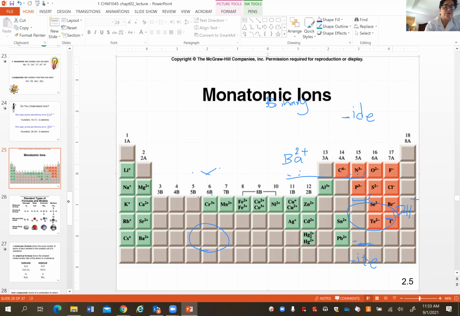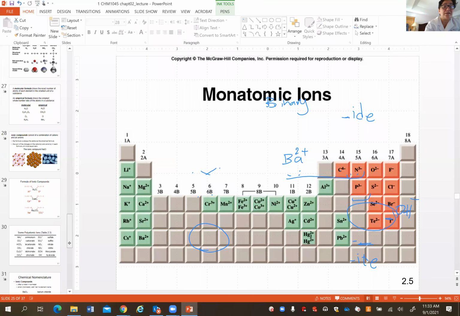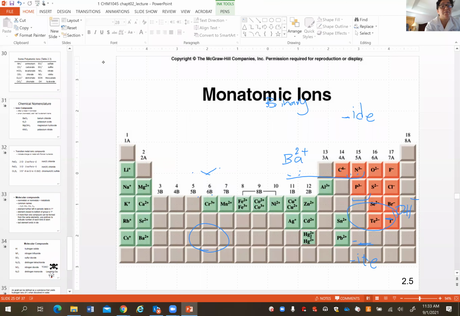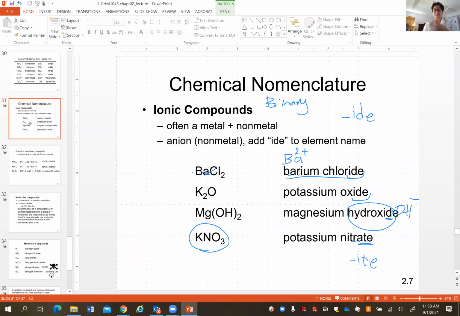You do need to practice writing formulas, a lot of them, because that's basically how you write any chemical reactions. Talking about stoichiometry, you have to have the correct formula.